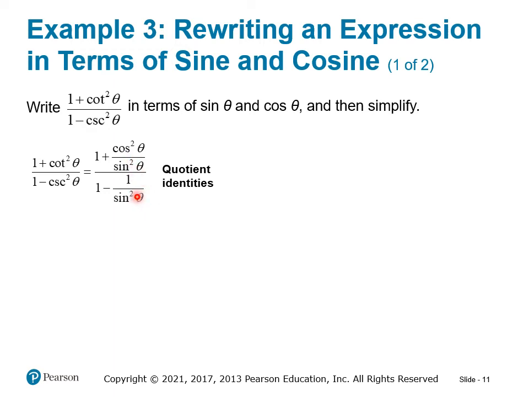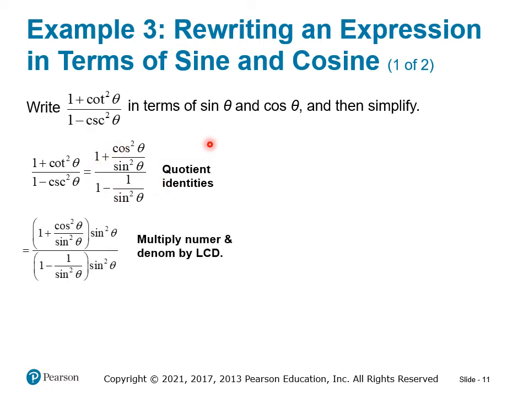Luckily, here we have a common denominator, which is sine squared. So all we have to do is multiply the numerator by sine squared and the denominator by sine squared, and this is going to clean this up quite a bit. Okay. Notice we can do this because what we're effectively multiplying by is 1. Sine squared divided by sine squared is 1, and anything times 1 does not change the value.